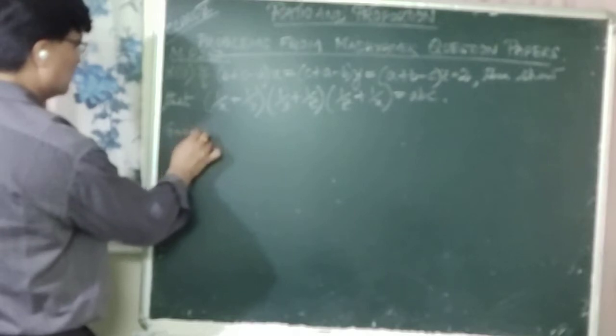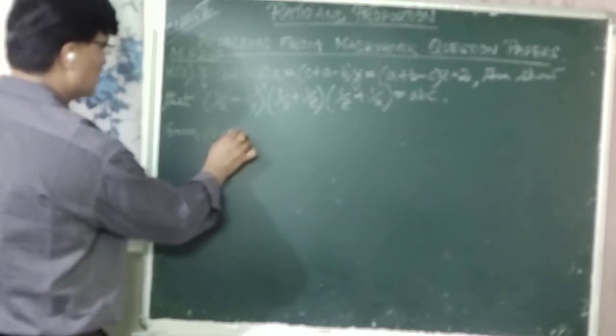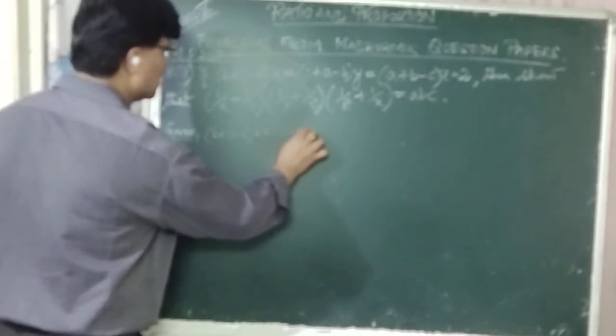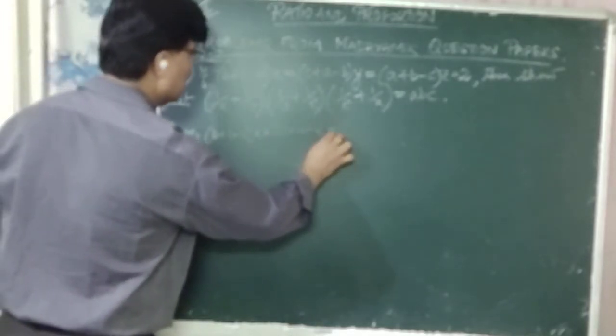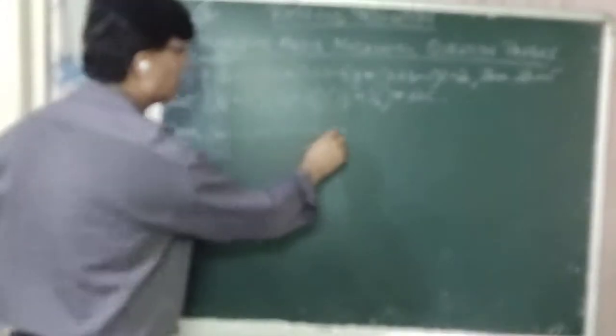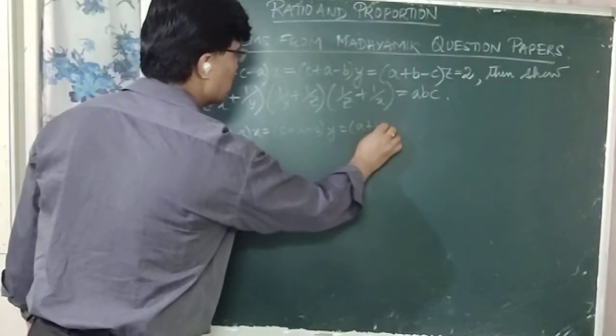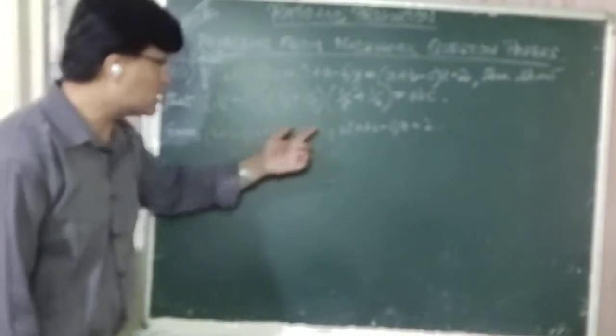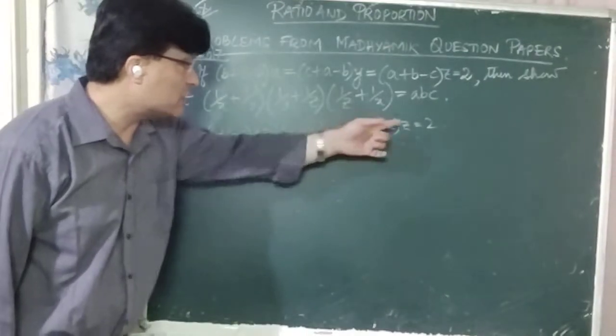Let us write down the given: (b plus c minus a) into x is equal to (c plus a minus b) into y is equal to (a plus b minus c) into z is equal to 2. That means the first part is equal to 2, the second part is equal to 2, the third part is also equal to 2, right?